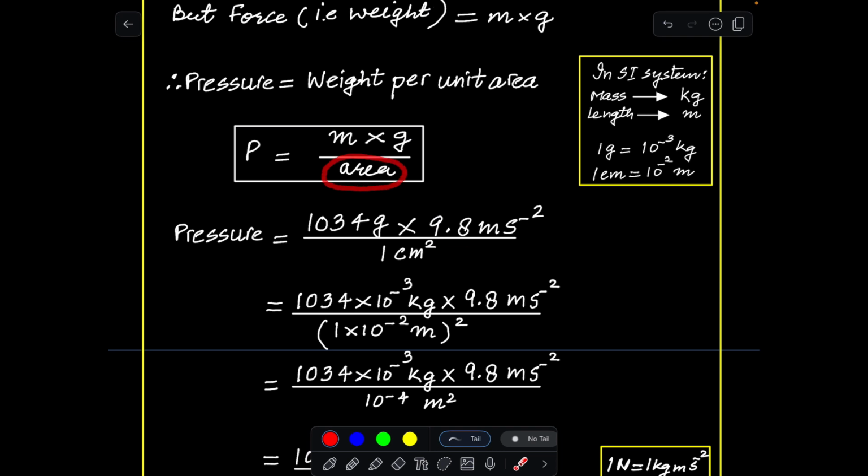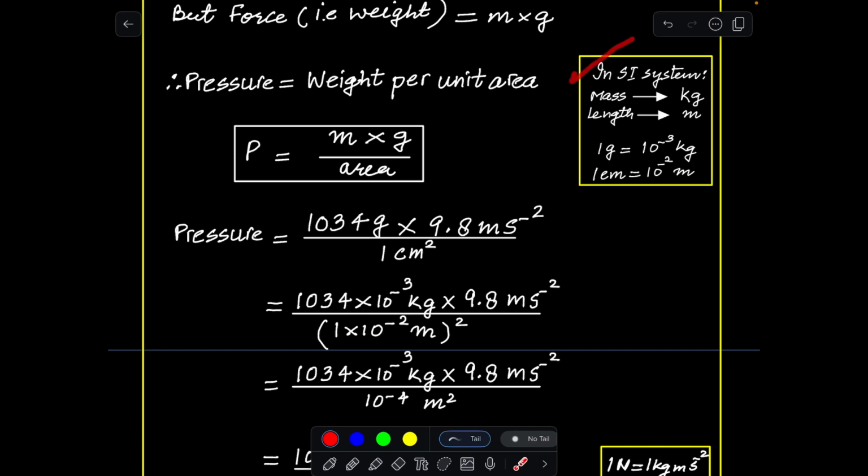Now, we have taken acceleration due to gravity in the standard SI system of units, but the mass is in grams and the area is in centimeter square, which are not standard. So we'll convert the units to the standard system.